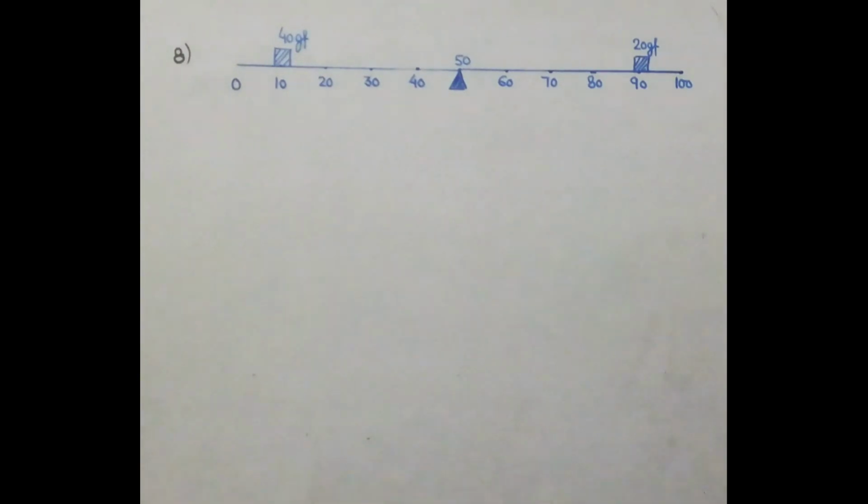Now say this question number 8. In question number 8, again they have shown you a meter rule, but this time the question says that the meter rule is pivoted at its midpoint, that is 50. Now remember, if the meter rule is pivoted at its midpoint, we do not show the weight of the scale acting over there. Is it clear?